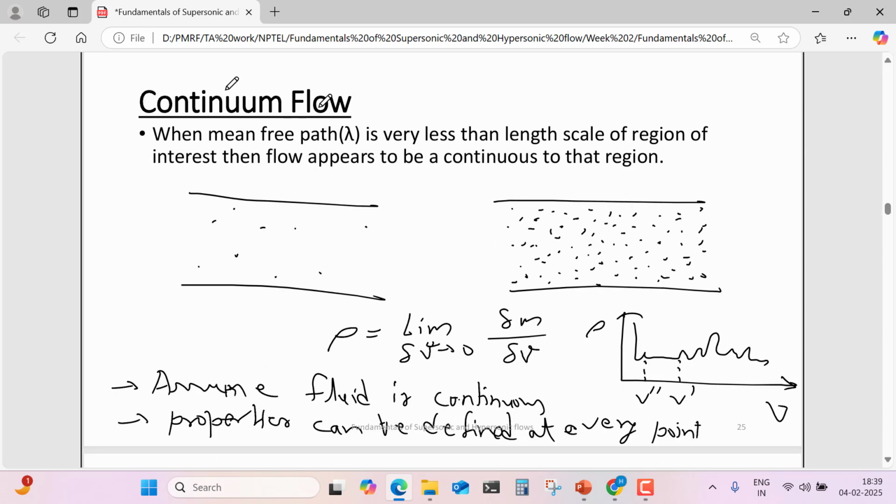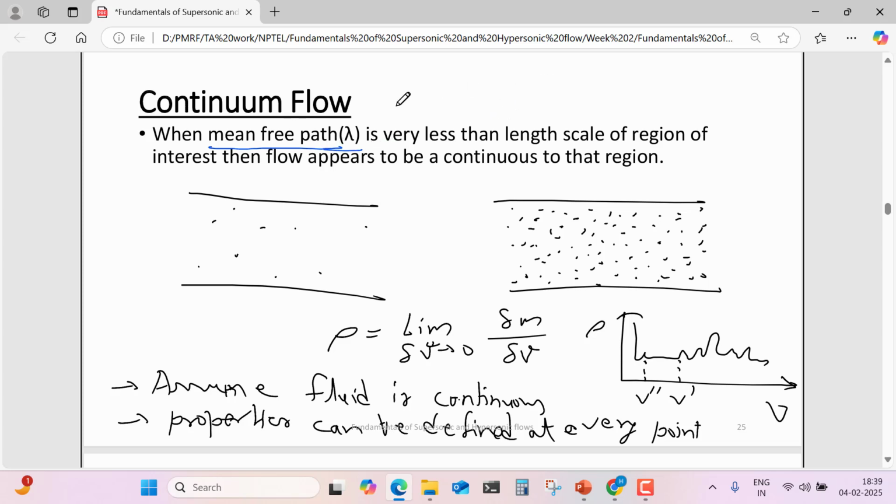mechanics, and now we will see what is the continuum flow. So in continuum flow, when mean free path of the molecule is very less than length scale of the region of interest, then flow appears to be continuous in this region. What is the mean free path?